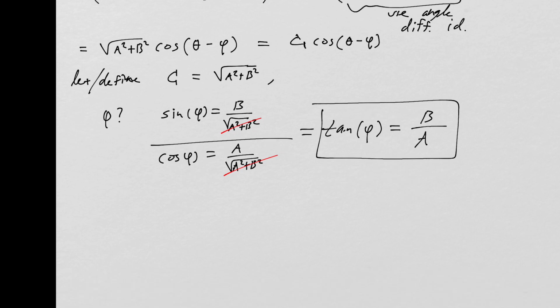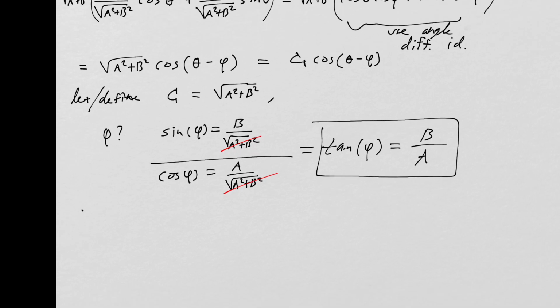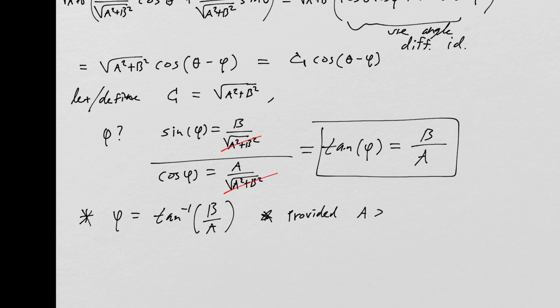All right. So one might be tempted to ask, how do we find phi? What is it equal to? Well, we can take the inverse tangent of b over a, provided a is positive, in which case the phi value will be within negative pi over 2 all the way to pi over 2.